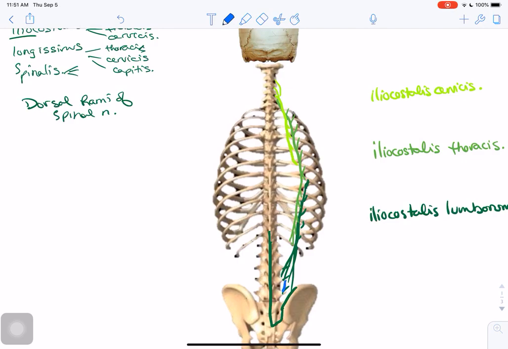So we'll have it coming off here, and then its fibers go up, and it actually inserts on the transverse processes of all thoracic vertebrae, as well as the adjacent parts of the ribs. So basically the rib just lateral to the costal tubercle. So that's longissimus thoracis.